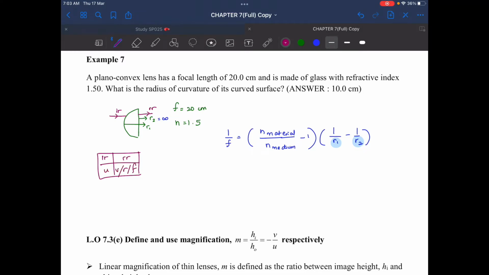So, kita cuba masukkan lah. So, the focal length is 20. Ni jawapan akan jadi sentimeter lah sebab kita letak sentimeter kan. So, disebabkan dia pembiasan cair, jadi dia melibatkan dua medium yang berbeza. So, we have 1.5 over 1 minus 1. And then we have R1 kita nak cari lah kan.